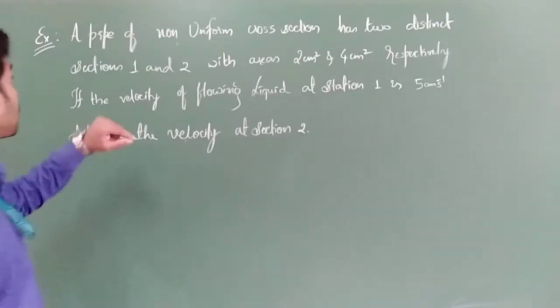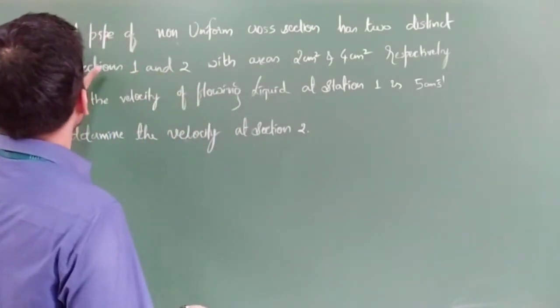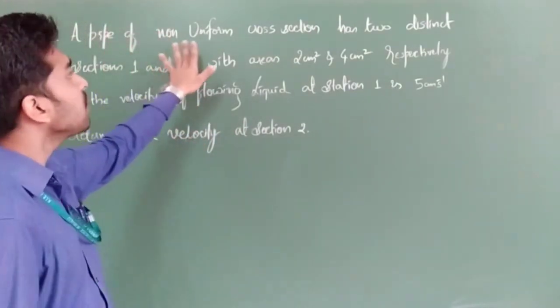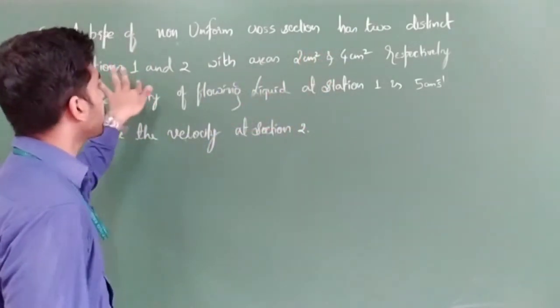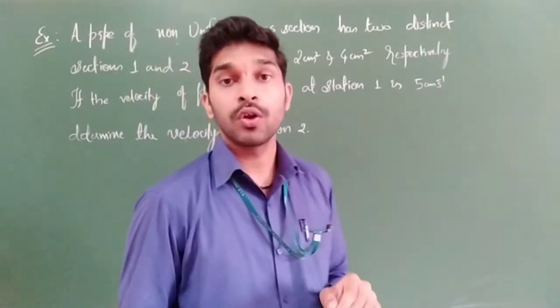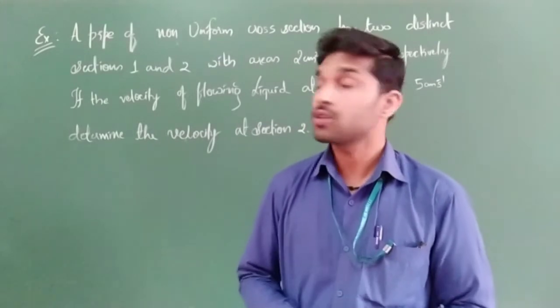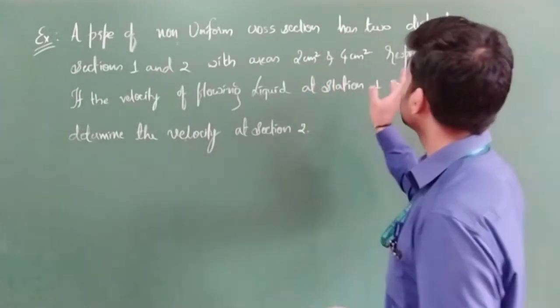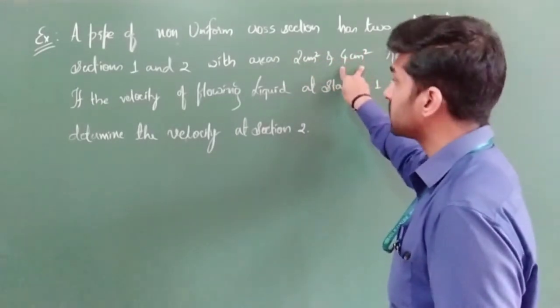Okay, let us solve a numerical based on the equation of continuity. What is given? A pipe of non-uniform cross section has two distinct stations, 1 and 2. First of all, the pipe is having a non-uniform cross section. Clear? So one side cross section is 2 centimeter square, and the other side is 4 centimeter square respectively.